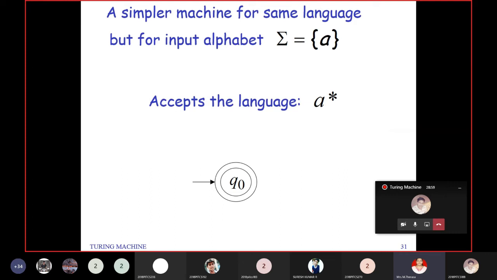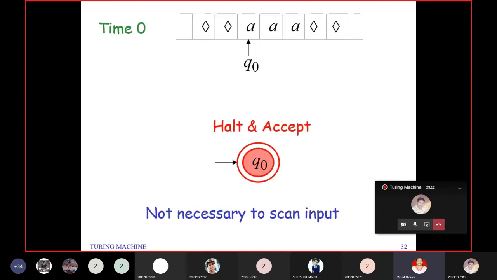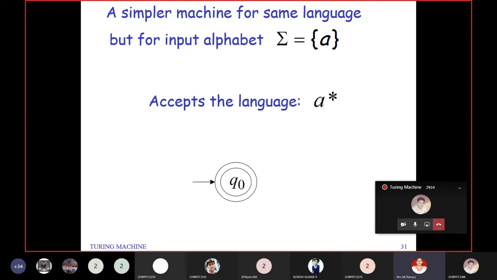Okay. And a simpler machine for the same language but for the input alphabet A alone. So you can say this is the Turing machine which accepts A star, including epsilon. If you give A, what will happen? It will be in the same state Q naught, which is announced as a final state, and you can say A is accepted.